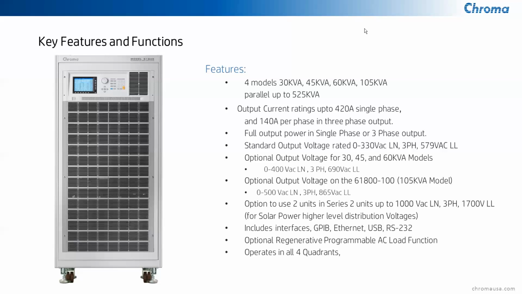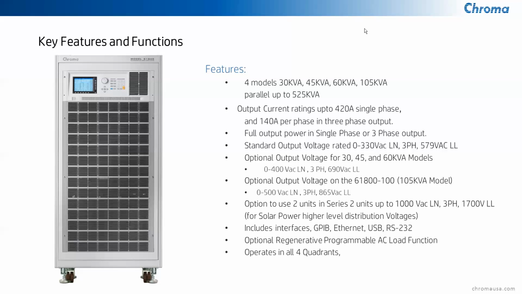Voltage on this unit goes all the way up to 330 volts line to neutral, which gets you up to 579 volts line to line. We also have options to increase that voltage for various different devices that you may have that need the higher voltages. And those go up to 400 volts line to neutral, 690 volts line to line on the 30 to 60 kVA units.